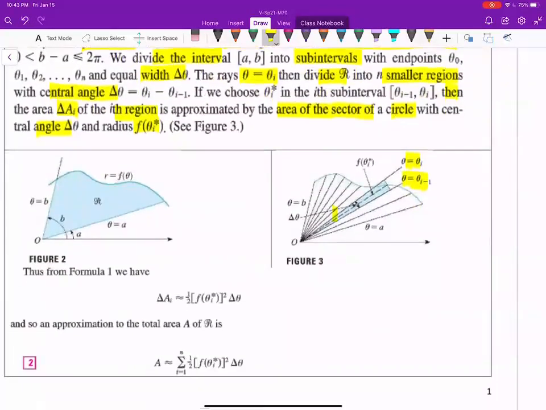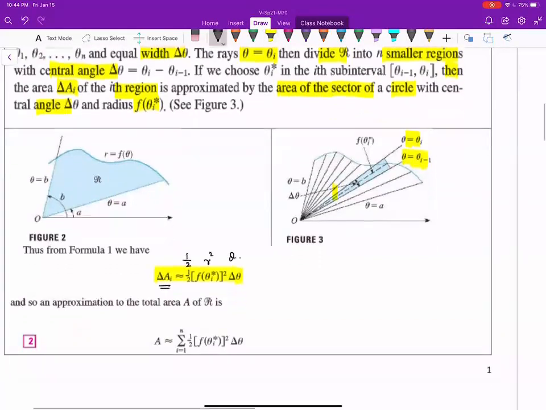We use that and find the area of that particular sector, bounded by theta equal to theta i minus 1 and theta equal to theta i. It is similar to the idea of half r square theta. So for that piece, the area delta A i of the ith sector is half f of theta i star square delta theta.